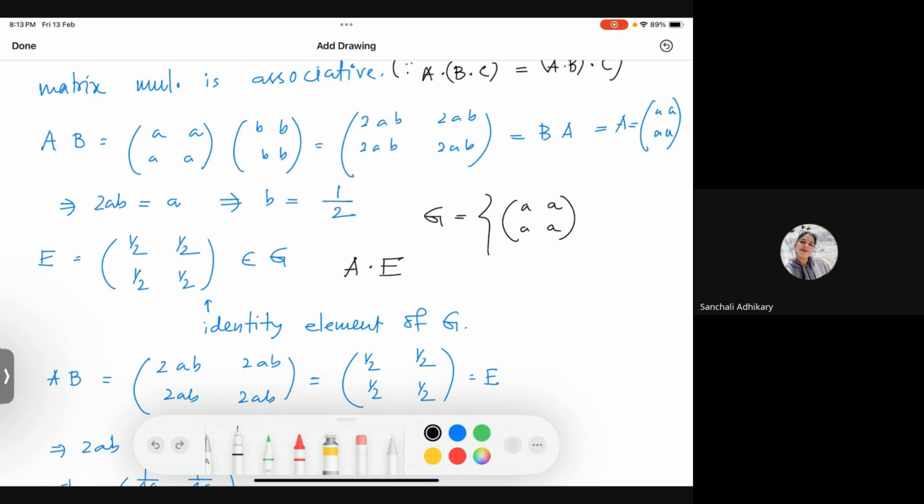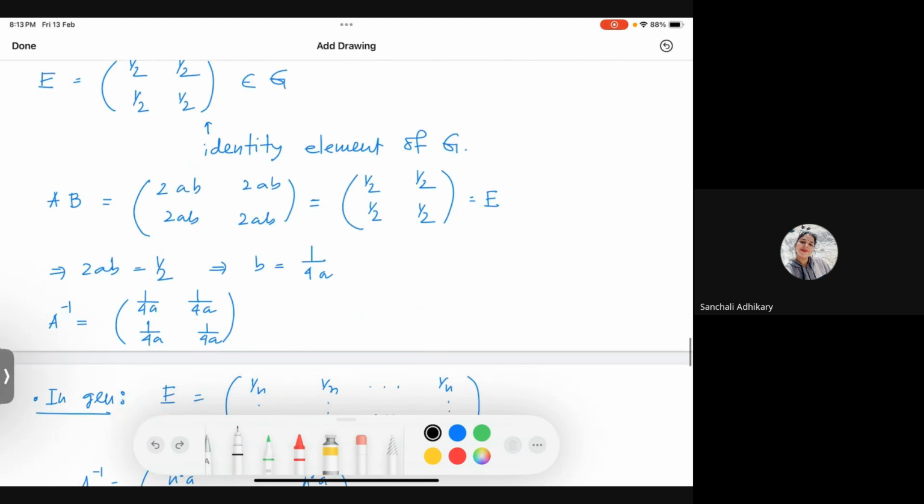Now I want to find the inverse of any element. If you have A and want to find B, meaning A inverse, I want AB equals E. I want to know what B is.